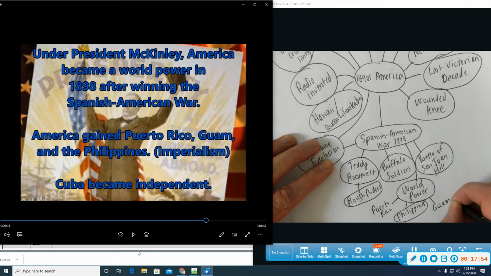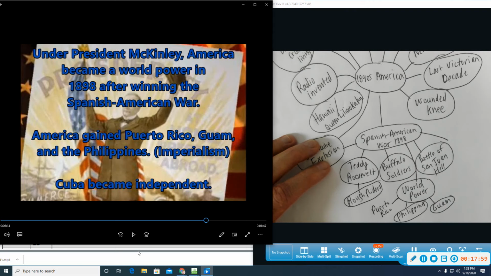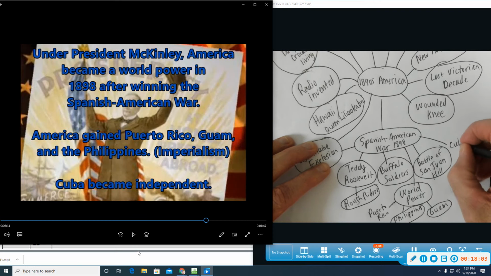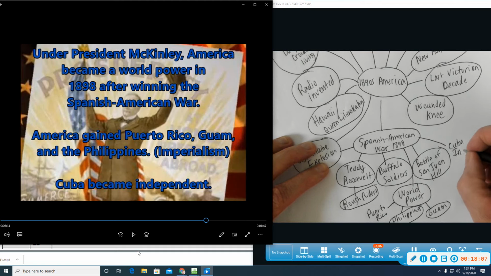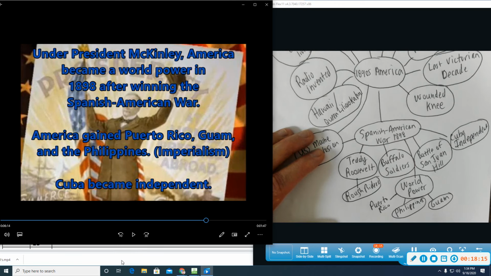And what happens to Cuba? They do that separate because they're not a territory of ours. They became independent. We're going to learn how all that played out. The Spanish-American War is very important. Okay? So here we go.